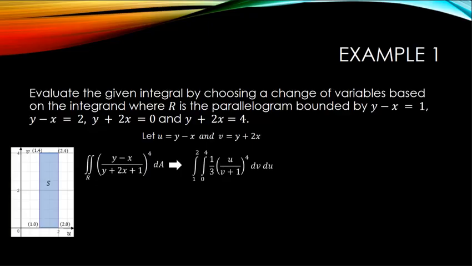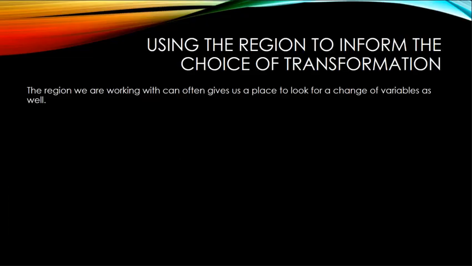Taking this from the inside out gives me 124 over 1125 times the integral from 1 to 2 of u to the 4th du, which gives me 124 over 1125 times 31 over 5, or 3,844 over 5,625.